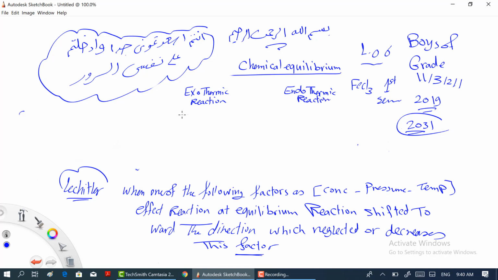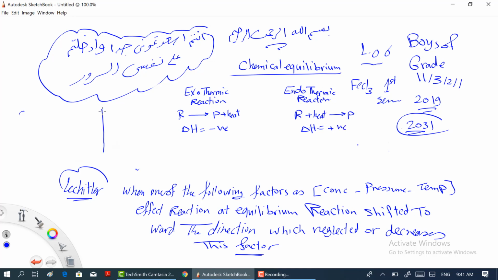In case of the exothermic reaction, we will find the reactant gives product plus heat. Endothermic reaction, we will find reactant plus heat gives the product. The delta H for the exothermic reaction is a negative value. Delta H for the endothermic reaction is a positive value.